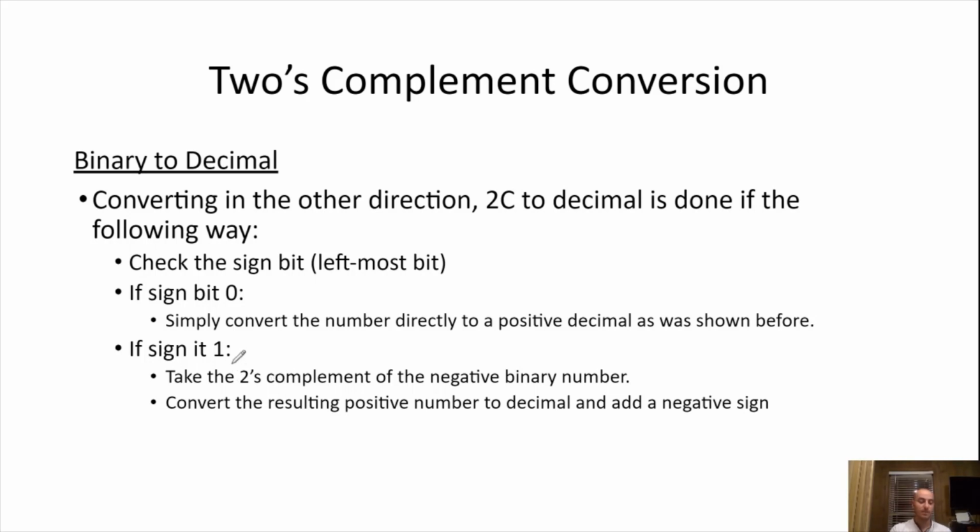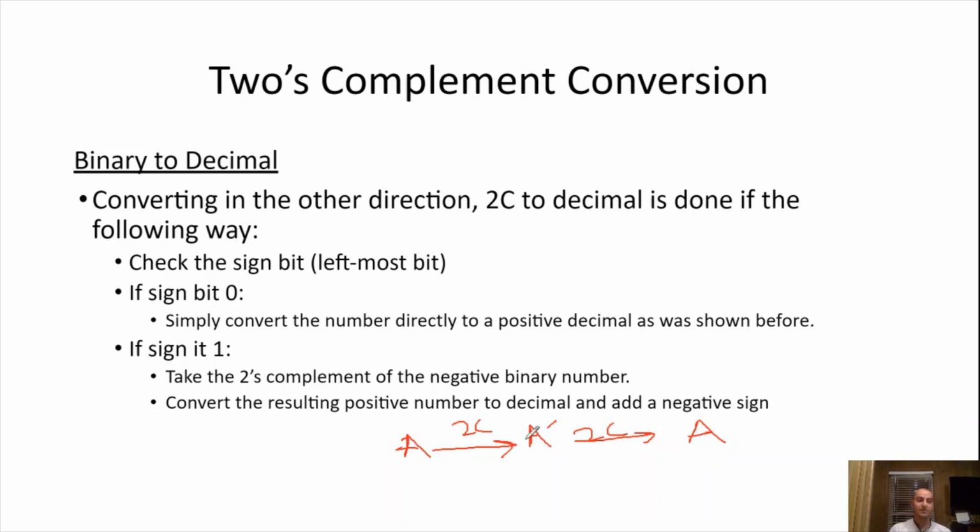Taking the two's complement of a number and then taking the two's complement of that, it's basically going to be back. So for example, if you do the two's complement of A, let's say you get A prime. And then if you do the two's complement of this again, you're going to get A back. So that's going to work.